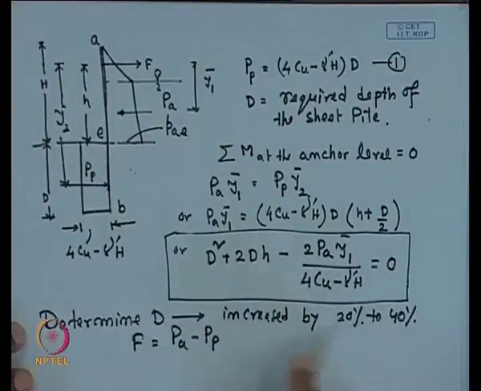So, in this way we can analyze the anchor sheet pile for the granular soil and the cohesive soil, but here we have taken the free earth support method. The next one that I will discuss is where we consider the fixed earth support method. So, next we will discuss the fixed earth support method.